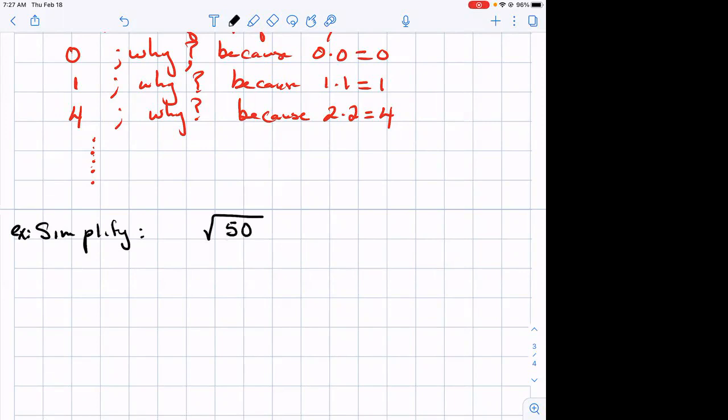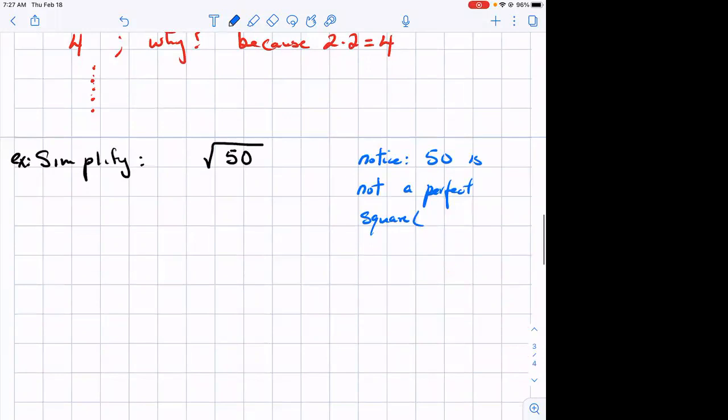You want to make sure you notice 50 is not a perfect square, meaning there is no number that when multiplied by itself gives 50.